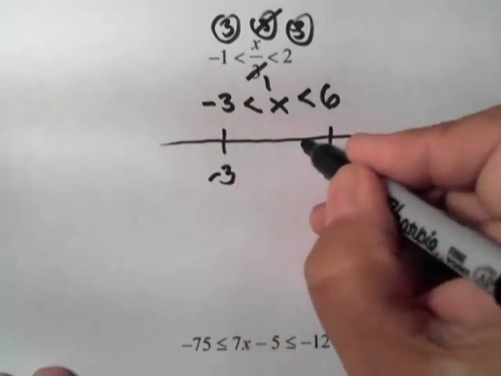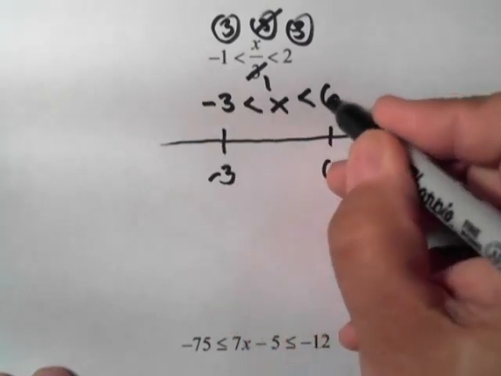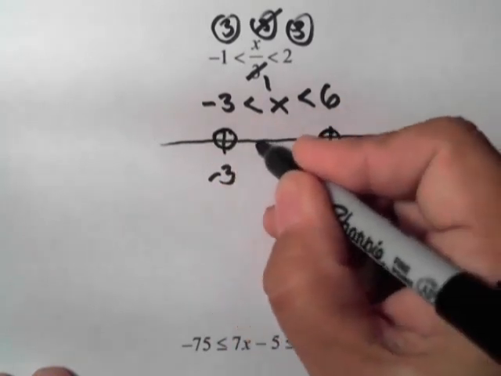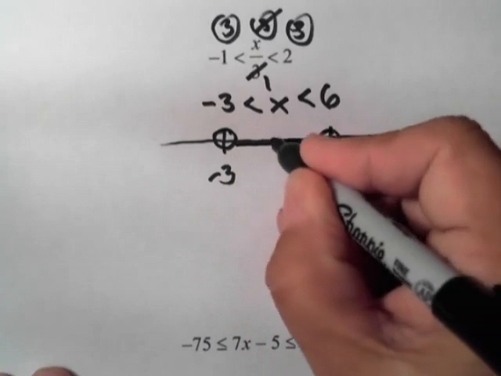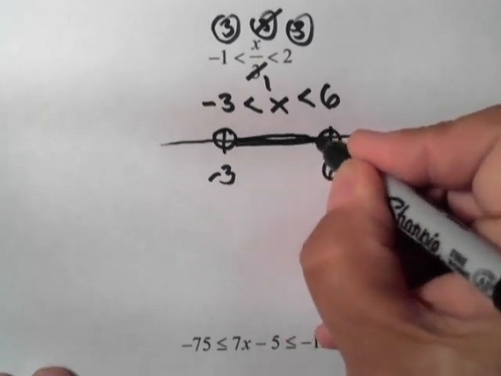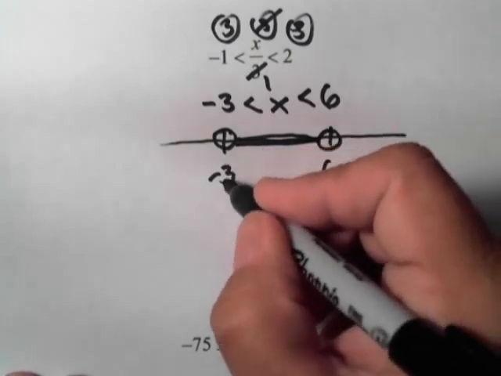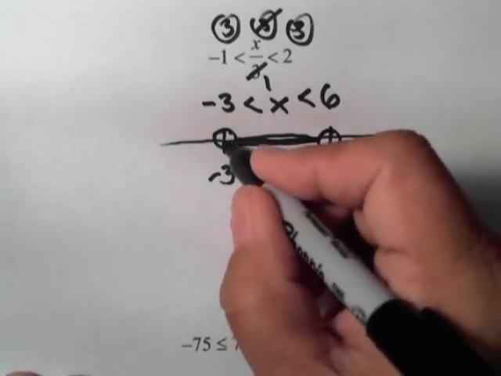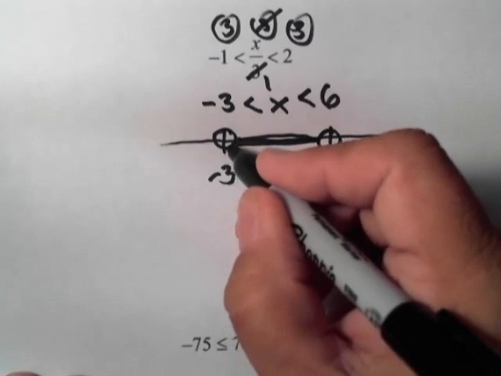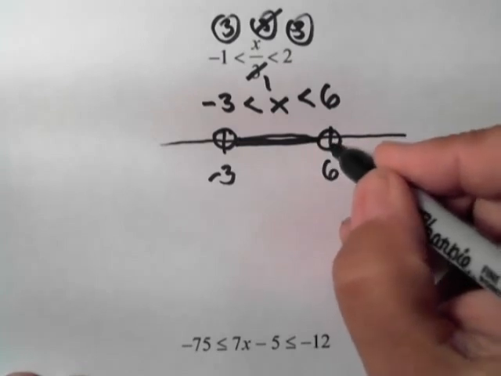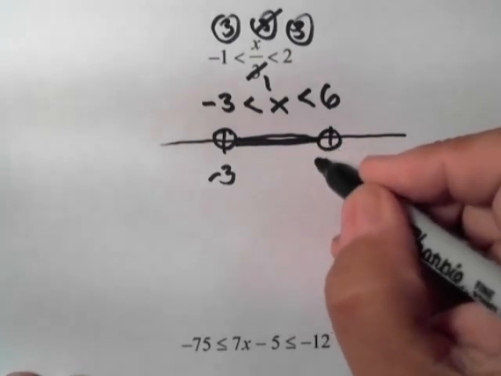The x's are going to be everybody in between, and notice there's no equal bars, so both of these would have open circles, and we just shade the area in between. That's how you'd make a graph out of it. The x's would be any values that were greater than -3, not equal to -3, but anything greater, and at the same time got to be less than 6. Can't be 6, but anything less.